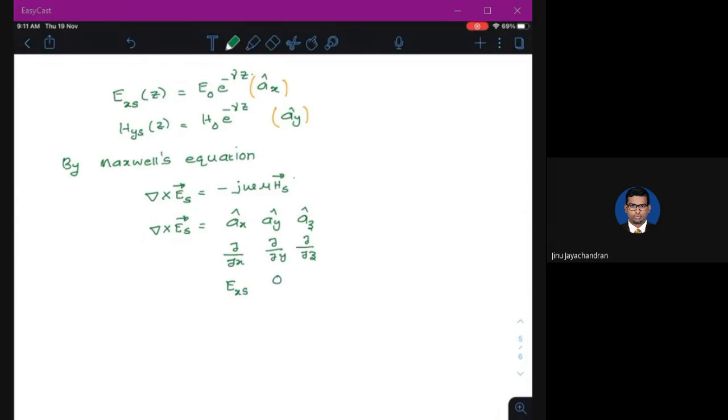It doesn't have components along Y and Z. So the determinant of this is equal to dou EXS by dou Z AY cap minus dou EXS by dou Y AZ cap.